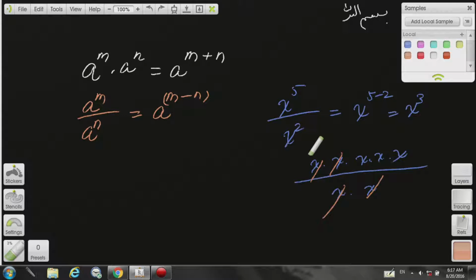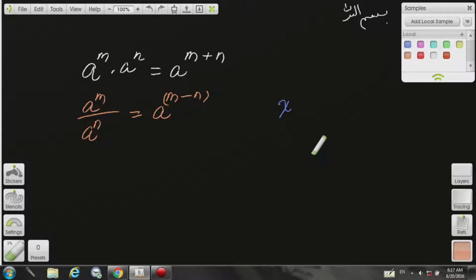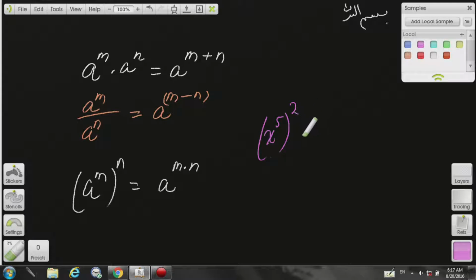That's the rule for exponents. And then we had a to the m to the power n, which is a to the m times n. An example would be x to the fifth, squared, which would be x to the 10th.